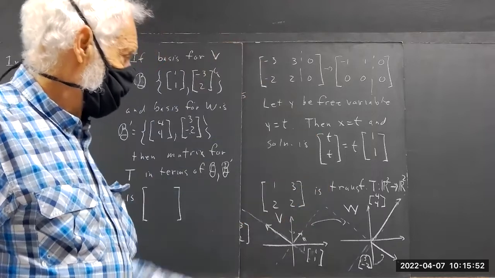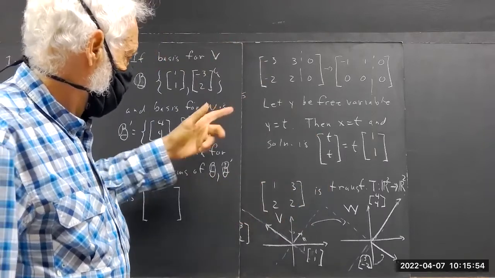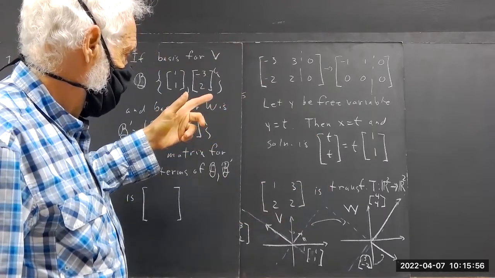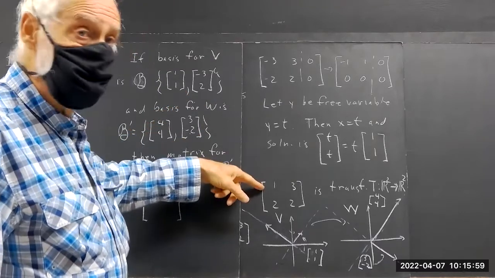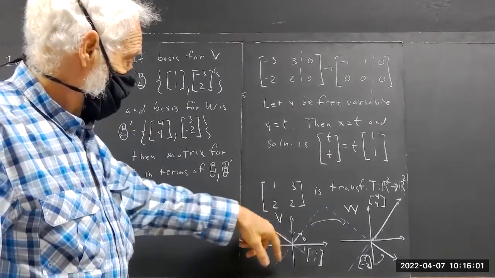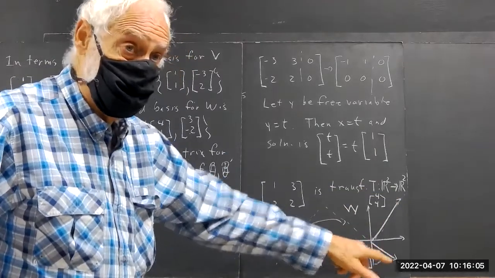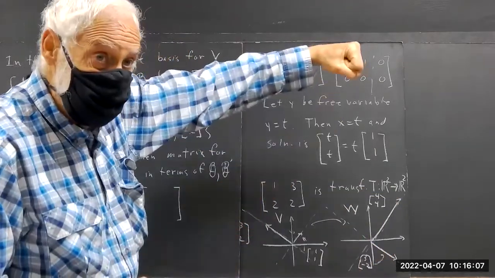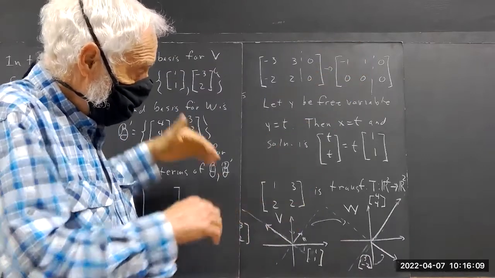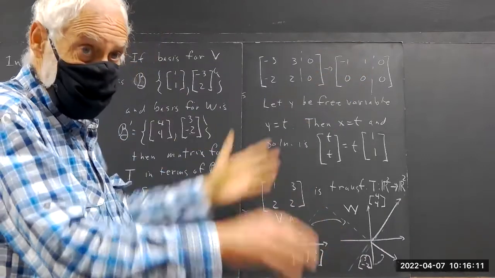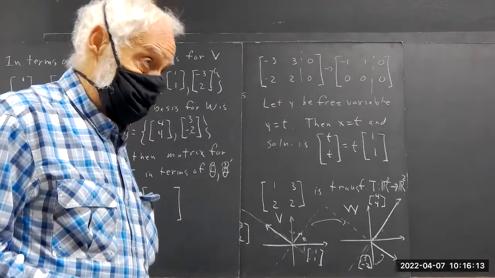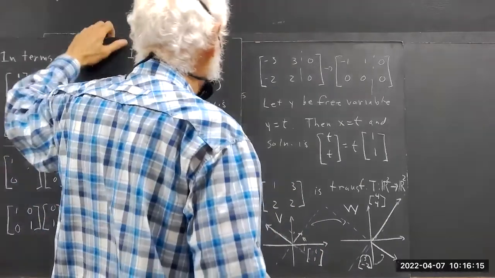What we've seen is that this matrix transforms this vector to this vector and this vector to this vector. It stretches space this way and doesn't stretch it in this direction, but flips it. Okay.